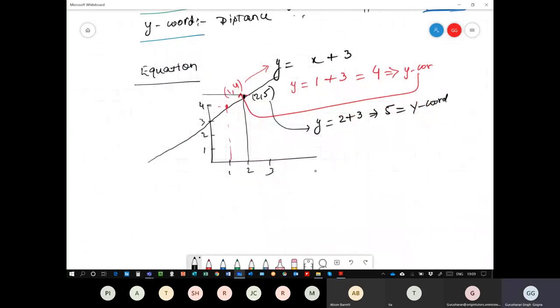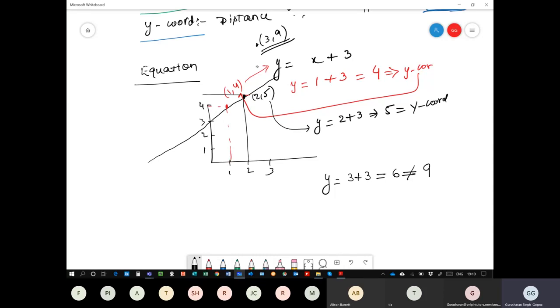So if I take another point, let's say 3, 9, somewhere here. This time I will substitute x equal to 3 in the equation. So 3 plus 3 will give me 6, and it is not equal to 9, which means that this point is not satisfying this equation.